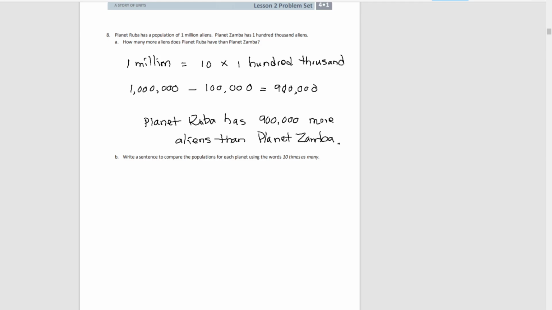And for B, take a moment to write that comparison of the two planets using the words 10 times as many.